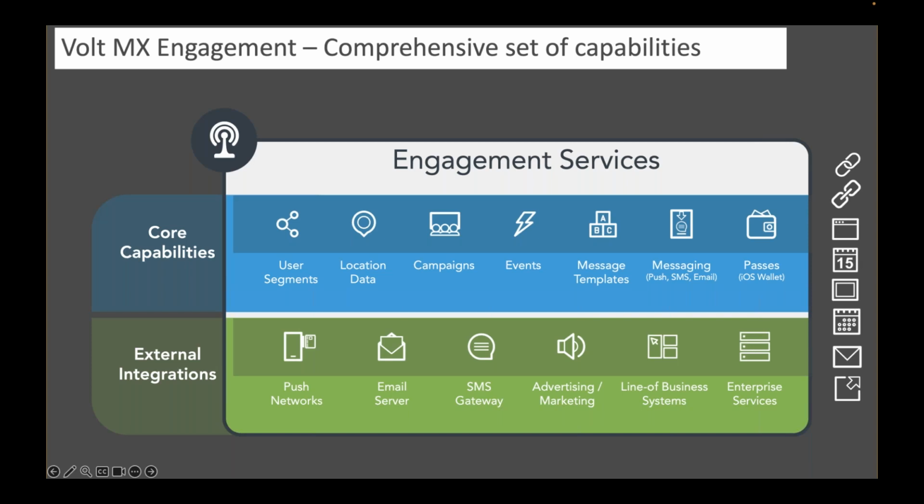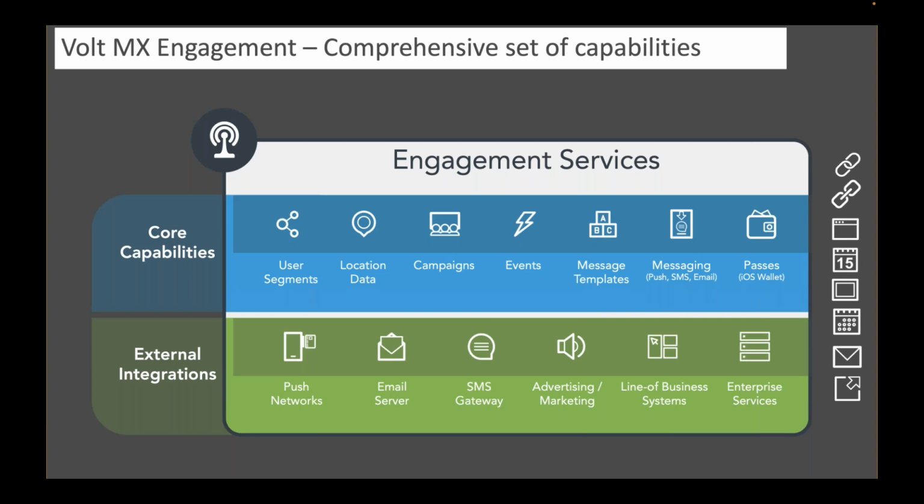Another piece that I did not have time to show you is this concept called engagement server. Engagement server is also a part of Foundry. This is basically for engaging with your customers in terms of campaigns. It can be sending SMS, emails, push notifications, rich push notifications. It also has the ability to do geolocation-based triggers.